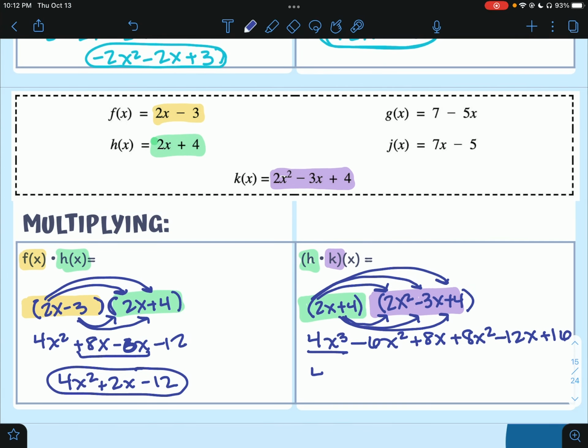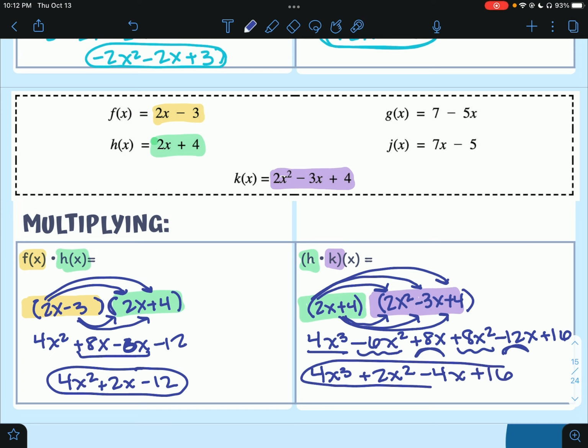This is my only x to the third. I have 2x squared. We have 8x and negative 12x gives us negative 4x plus 16. So we now have our solution in descending order.